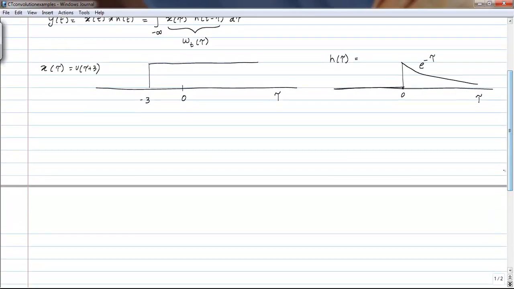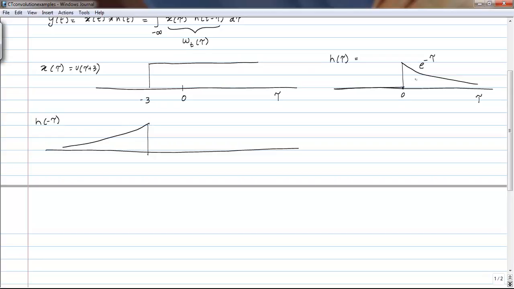Then what we do is we flip h of tau around the y-axis to form the signal h of minus tau. So h of minus tau is a signal which is just a flipped version of h of tau.